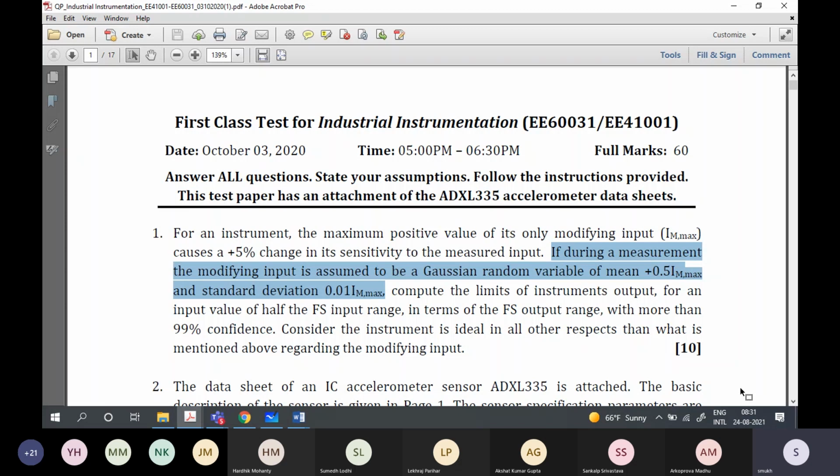If you are given a Gaussian random variable, then you can safely say that in 99.7% of the cases, the variable will lie between mu minus 3 sigma and mu plus 3 sigma, although mathematically there may be an odd chance that it could go beyond that.